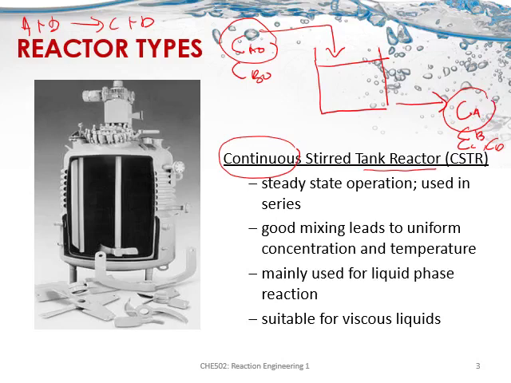Because later we may deduce an equation that relates CB naught and CA naught, an equation that relates CB and CA naught, even CA with CA naught. So CA naught is very important, and another important parameter is the conversion X.